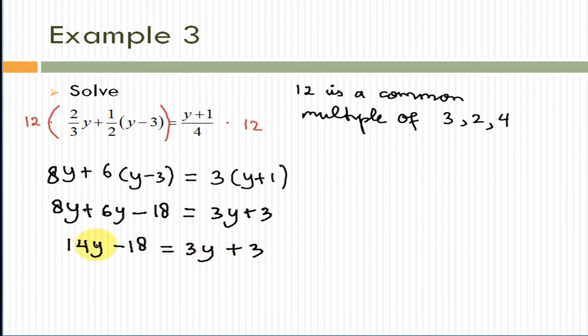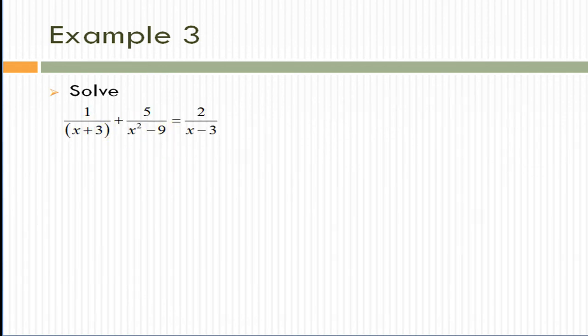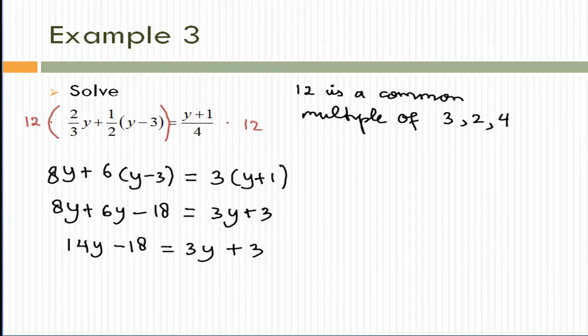Now we want to combine all terms that have y in them. So we need to move this to the other side. Okay, we want to move this to the other side.